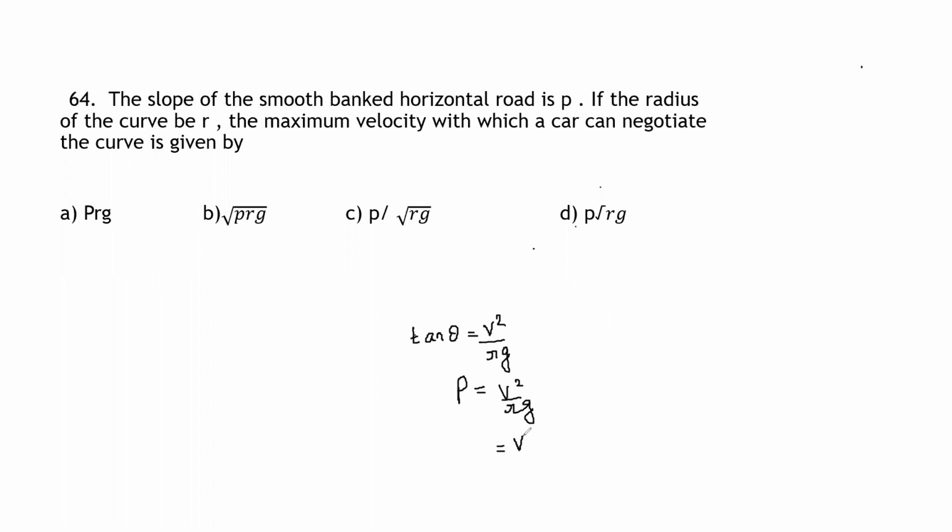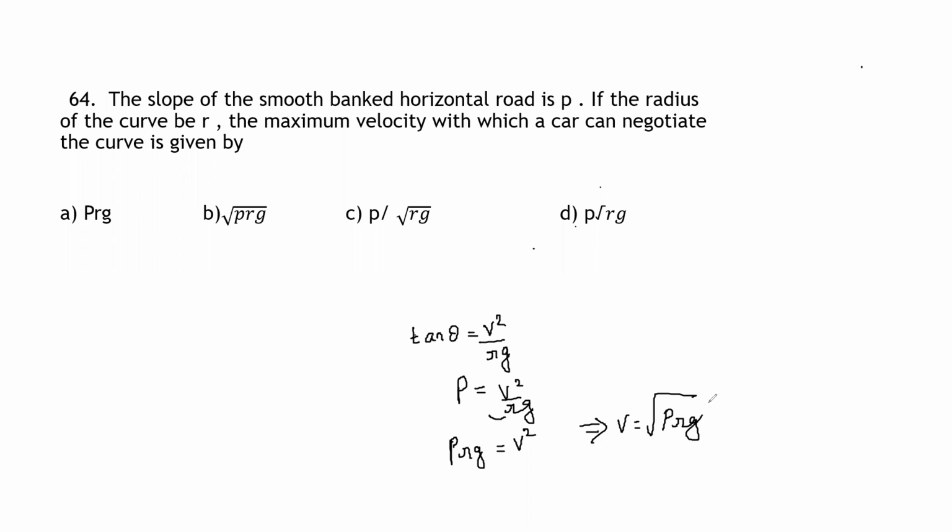So keep this velocity term here only. You can transfer this RG. Therefore, it becomes P into R into G as V square, which implies V is equal to under root of P R into G.